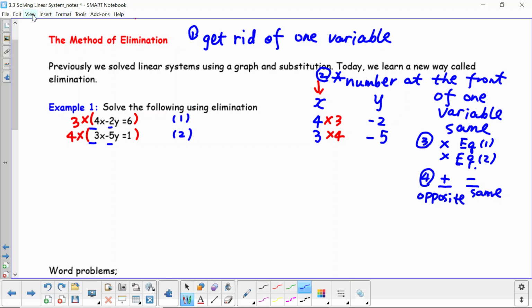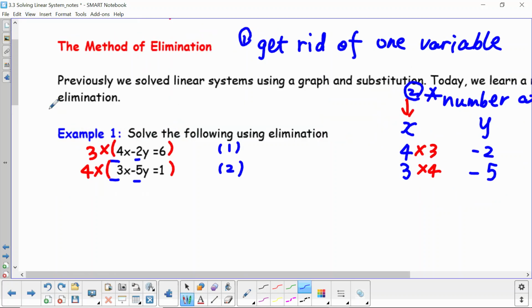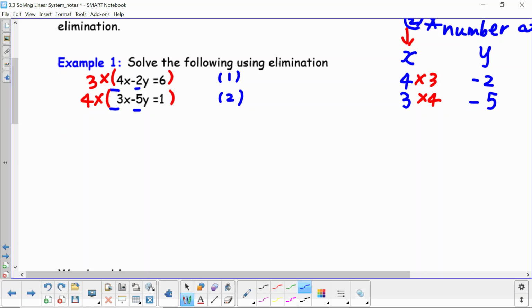We want to multiply equation 1 by 3. Each term times 3. So 3 times 4x gives you 12x. 3 times negative 2y gives you negative 6y.